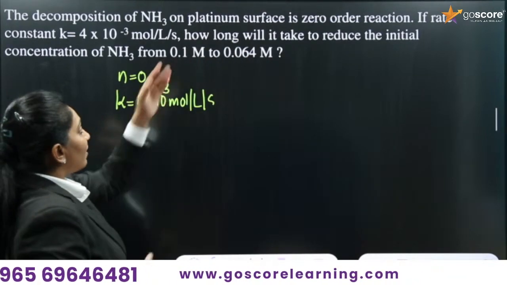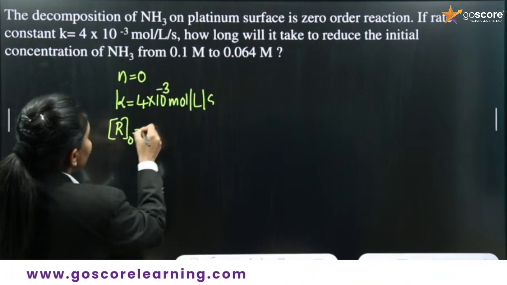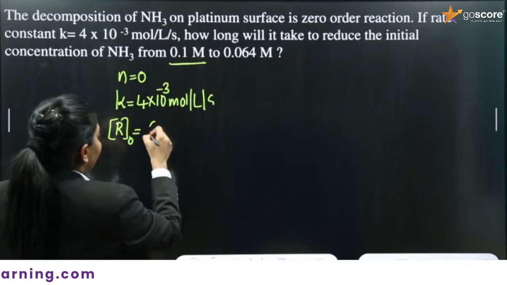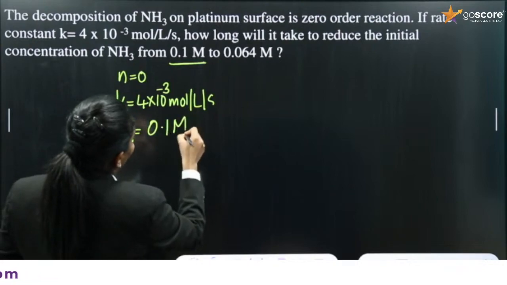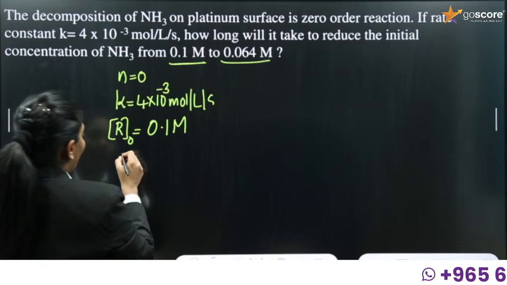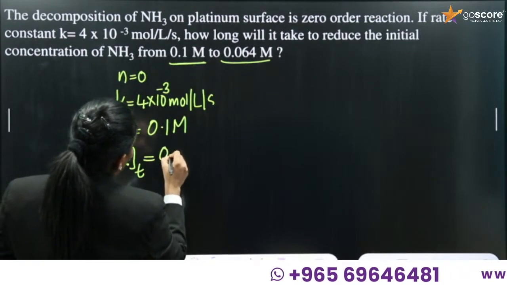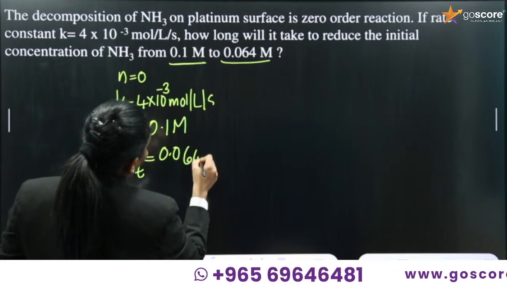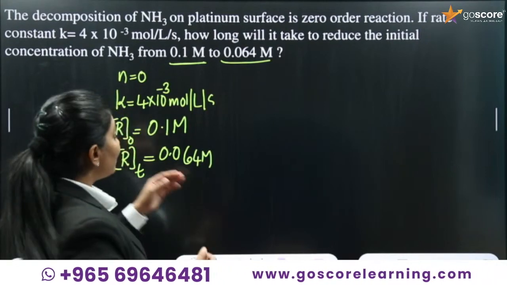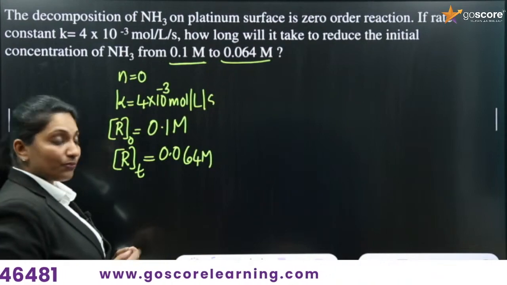That means the initial concentration R0 is 0.1 molar, and the final concentration Rt is 0.064 molar. You want the time taken for this reduction of concentration from 0.1 to 0.064 molar.